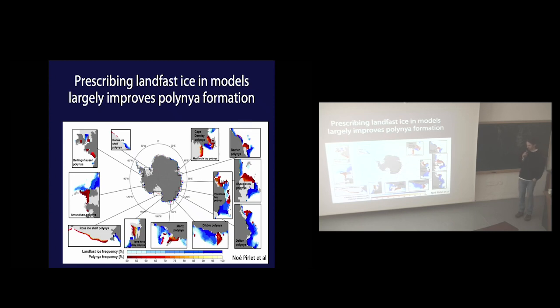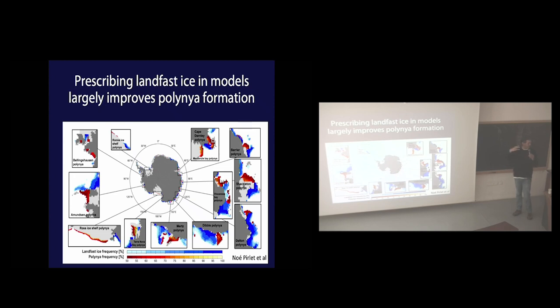And he's tried to do a first step to impose a landfast ice in an ice-ocean model. And what he found is that when you do that, you actually resolve much better Polynias. So it's a figure that he put together. And so we have more evidence after this that the presence of Polynias is really helped by fast ice.